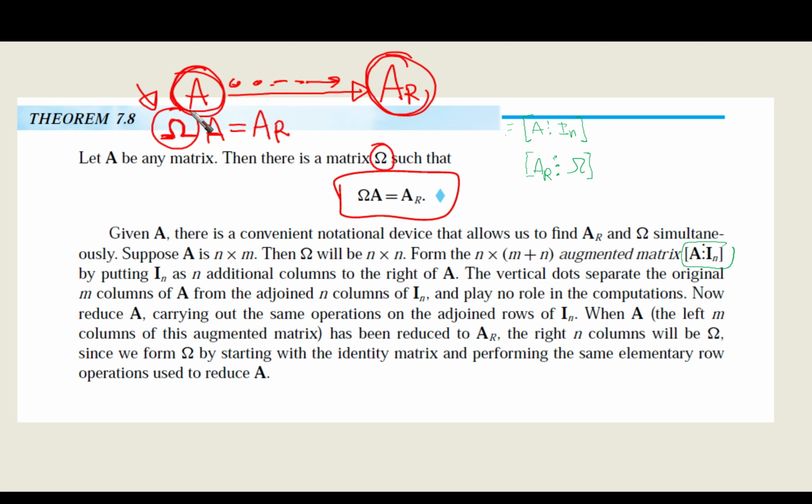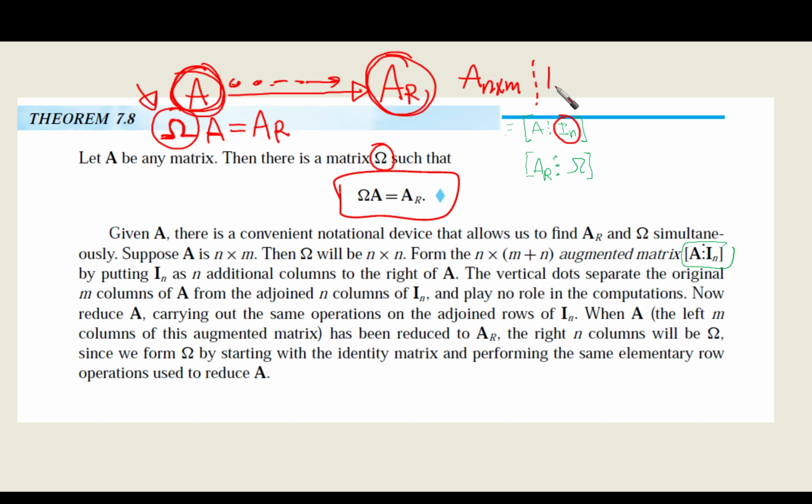What we are going to do here is augment the original matrix. Augment means that we add some columns to the right of the matrix A. If A is n by m, then we add the identity matrix to its right, separated by a dashed line.